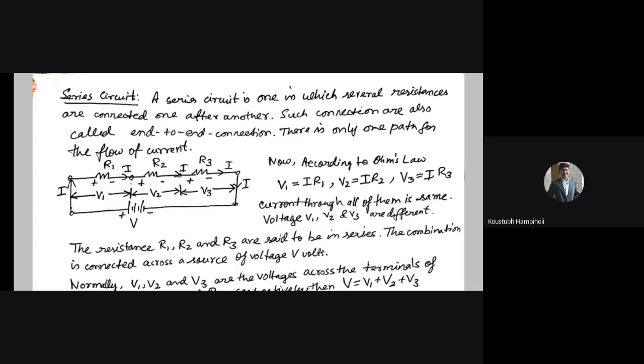So the current through all of these is the same. I is the same. So the voltages V1, V2, V3 are different in a series circuit.